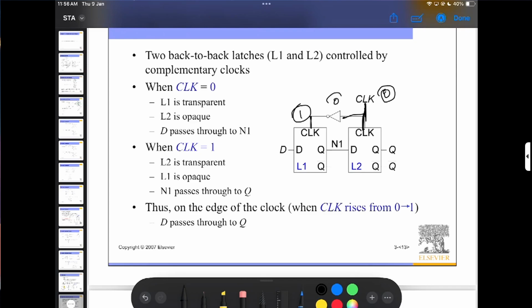Suppose I give 0 nanosecond delay, and suppose I give D equal to 1, so D goes to 1 here. If D goes to 1 here, and my clock is 0 in this time period, it changes here, and again changes here.